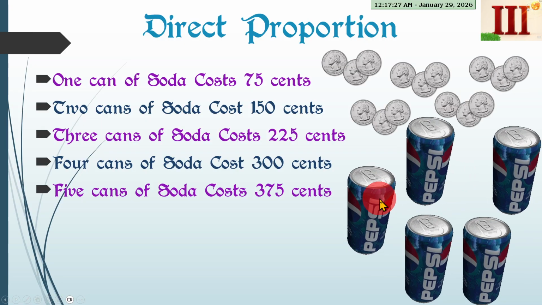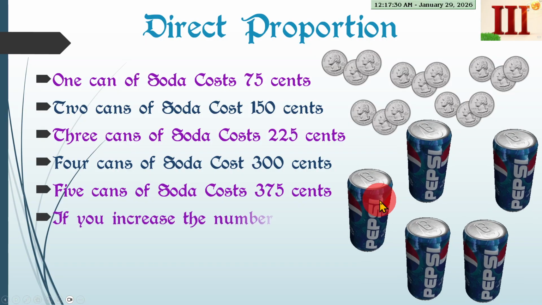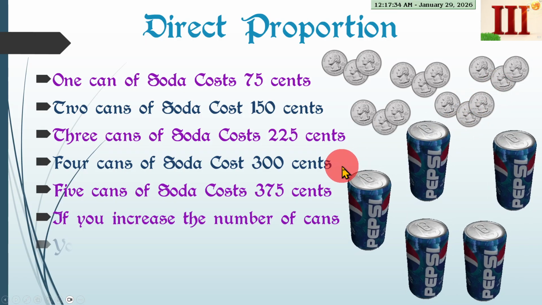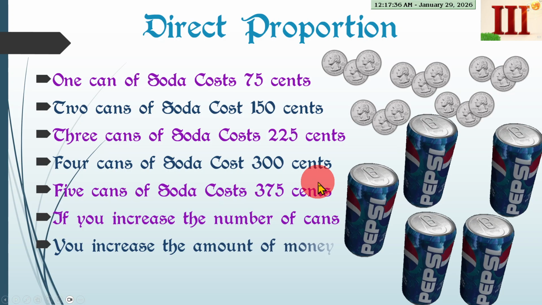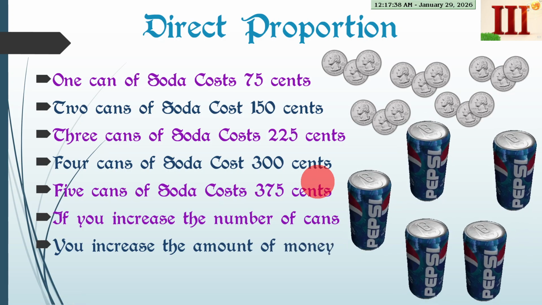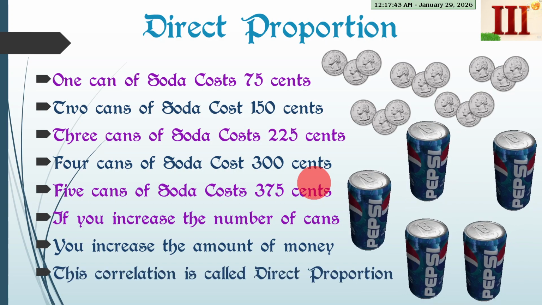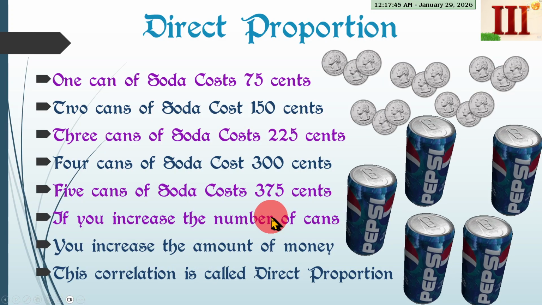Every time we increase the number of cans we get, the amount of money that we spend has to increase too. This is what we call direct. Both values are increasing. It's direct. The correlation is called a direct proportion.